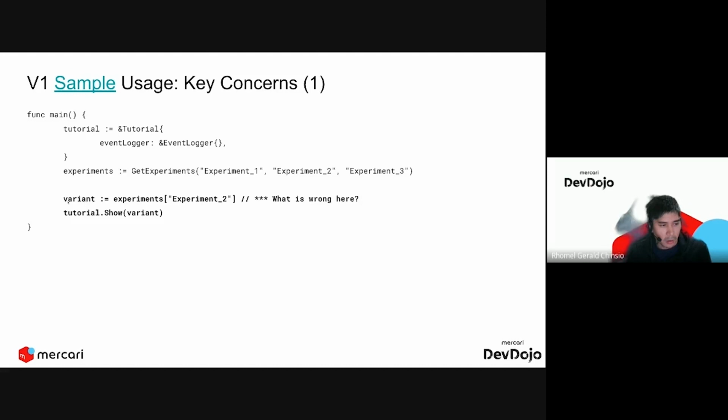And then we're going to consume the assignment for experiment 2, and pass that to, in this case, a tutorial that's going to show this variant. So the question here is: is there something wrong with this code? And if there is, what is it?